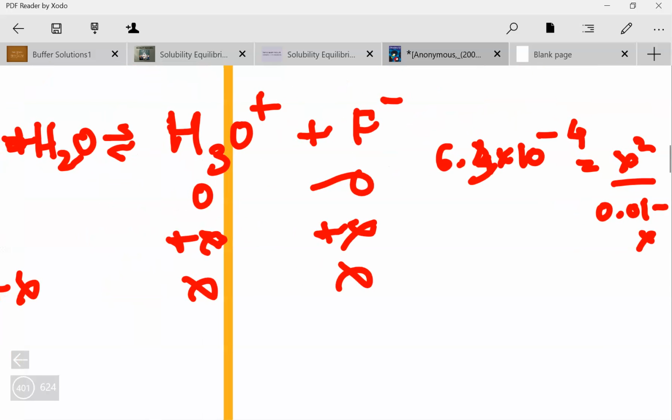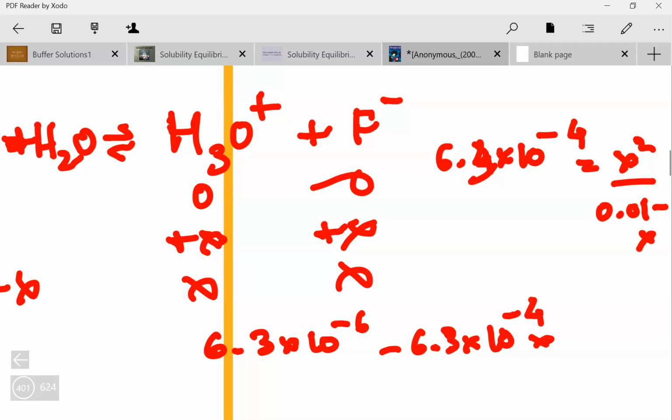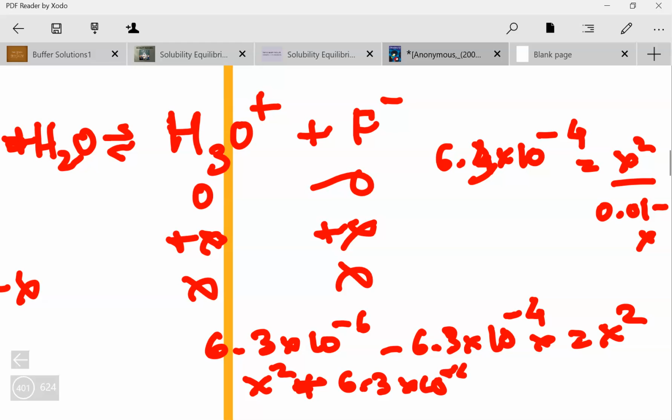So let's cross multiply here, and we get 6.3 times 10 to the power of negative 6 minus 6.3 times 10 to the power of negative 4 x equals x squared. I take everything to one side so that I get a quadratic. x squared plus 6.3 times 10 to the power negative 4 x minus 6.3 times 10 to the power negative 6 equals 0.